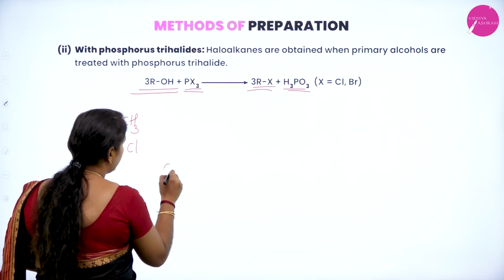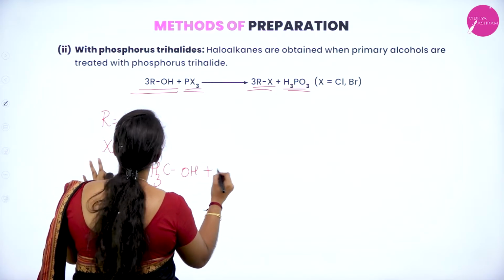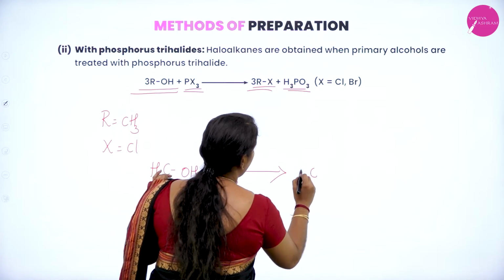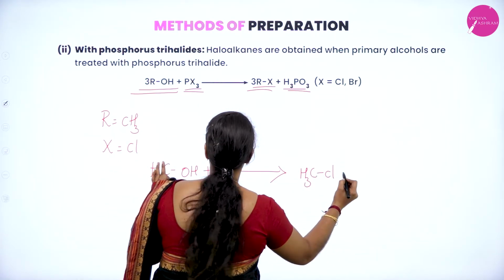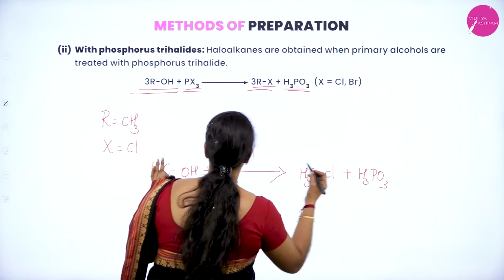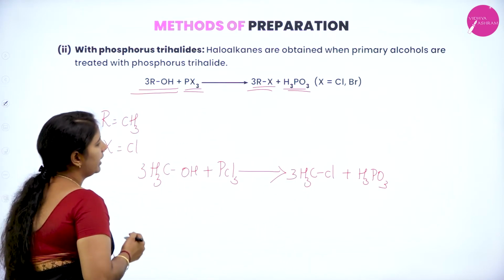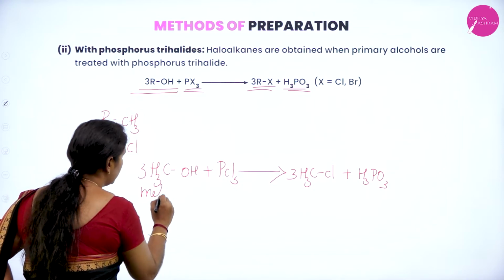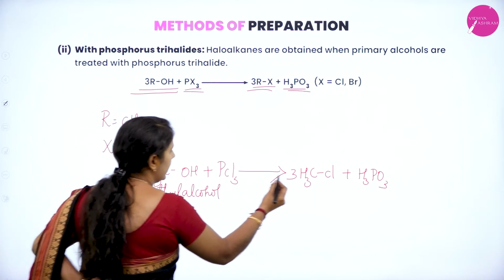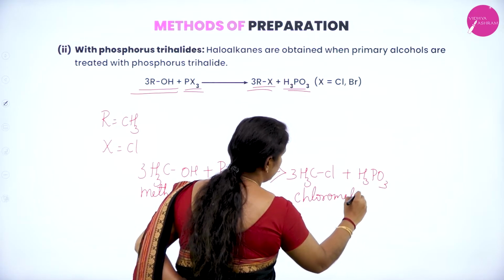So how can we rewrite the reaction? CH3OH plus PCl3. So it forms what? CH3Cl plus H3PO3, and again it should be balanced. So again it is methyl alcohol, and again it is chloromethane.